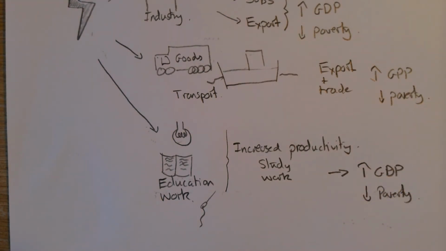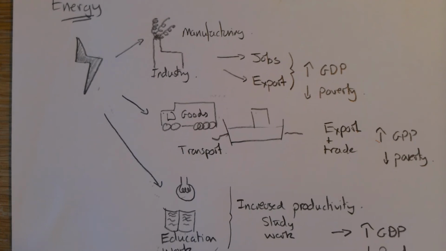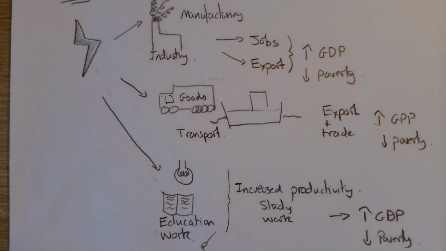The important thing about doing all of this is that the quality of life increases for the people of the country. Let's have a few questions then about energy. First of all, why is the development of industry important for a country?